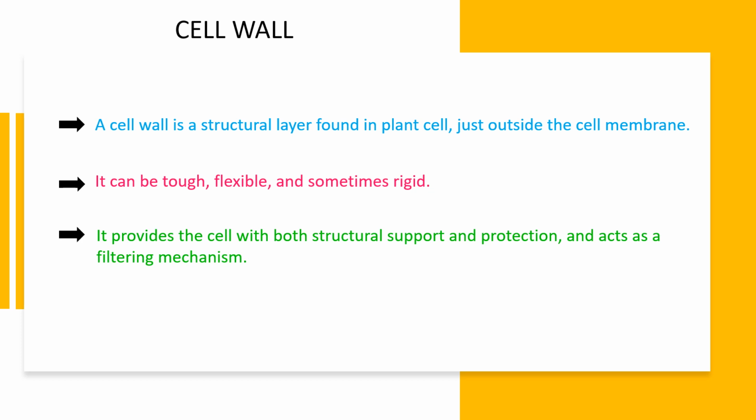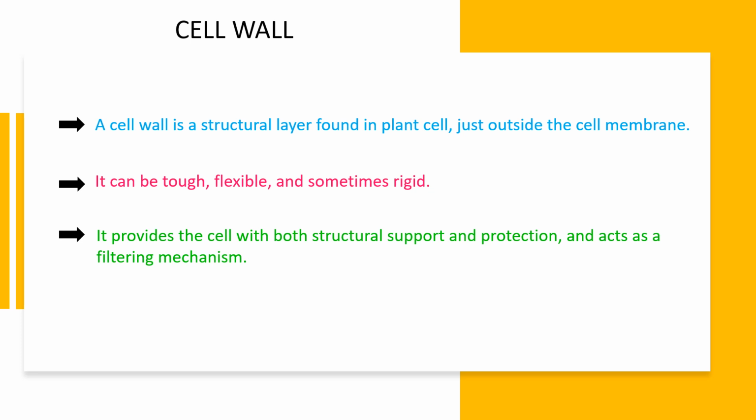Cell wall. I said that the cell membrane is the outermost covering of the cell, that is in animals. In plants we also have a cell wall. A cell wall is a structural layer found in plant cells just outside the cell membrane. It can be tough, flexible and sometimes rigid. It provides the cell with both structural support and protection and acts as a filtering mechanism.